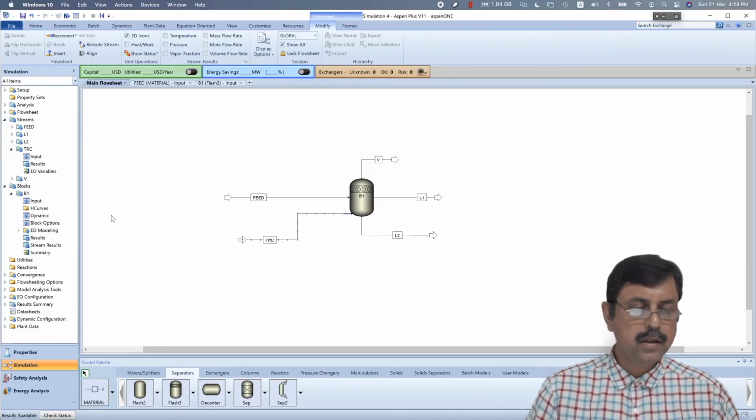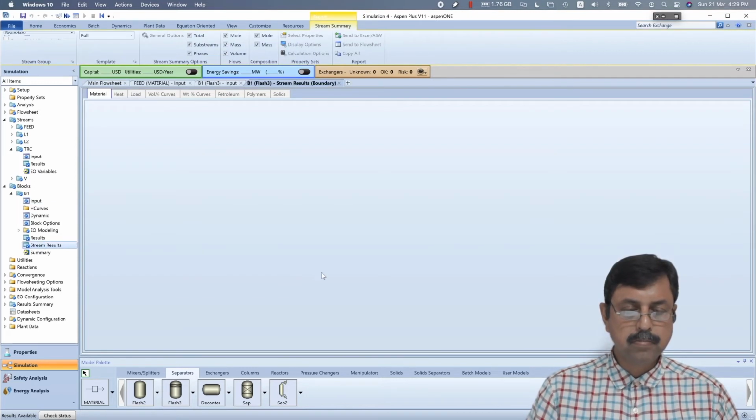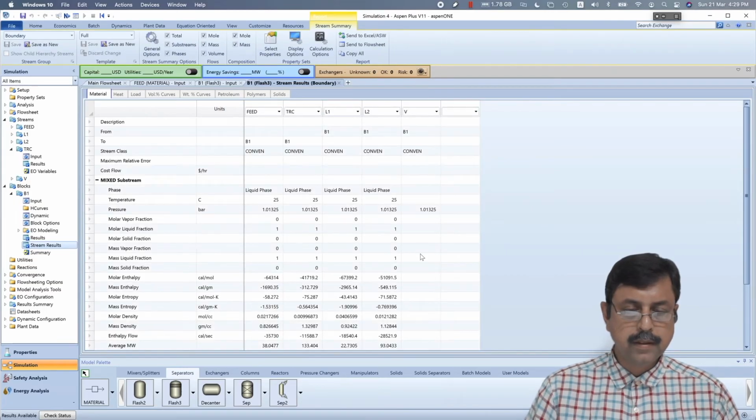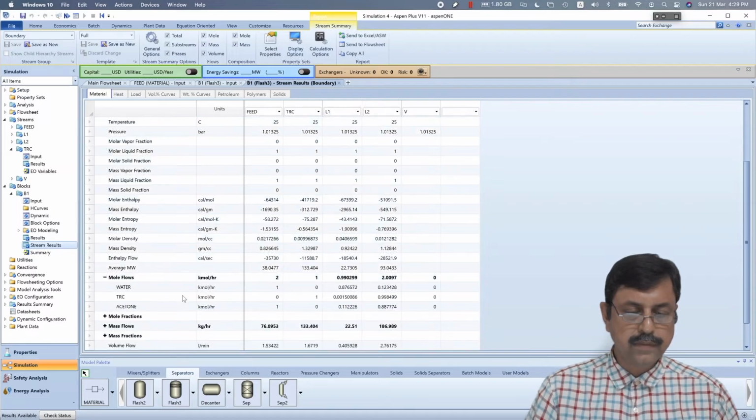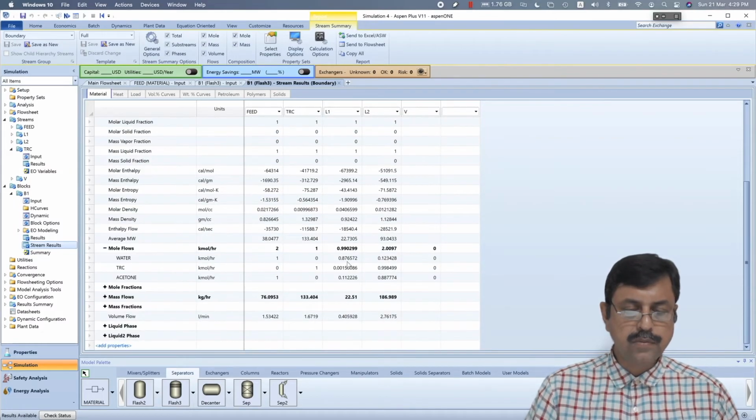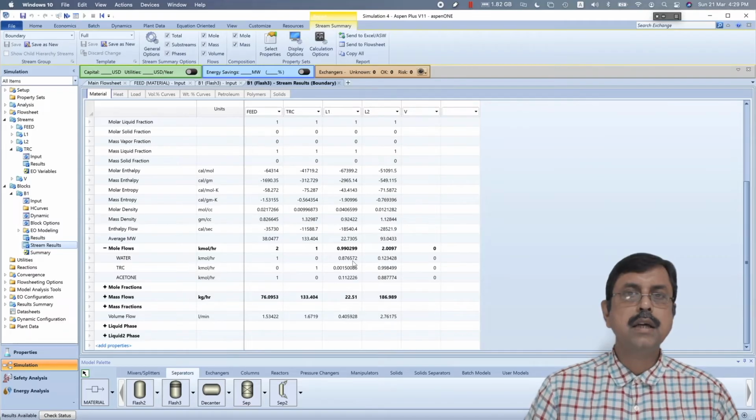Okay, so we have run the simulation. Go to the stream result, and this is the stream result that we have. See the molar flow rate. Out of 1 kilomole per hour, we have got 0.87652 kilomole per hour in the L1.